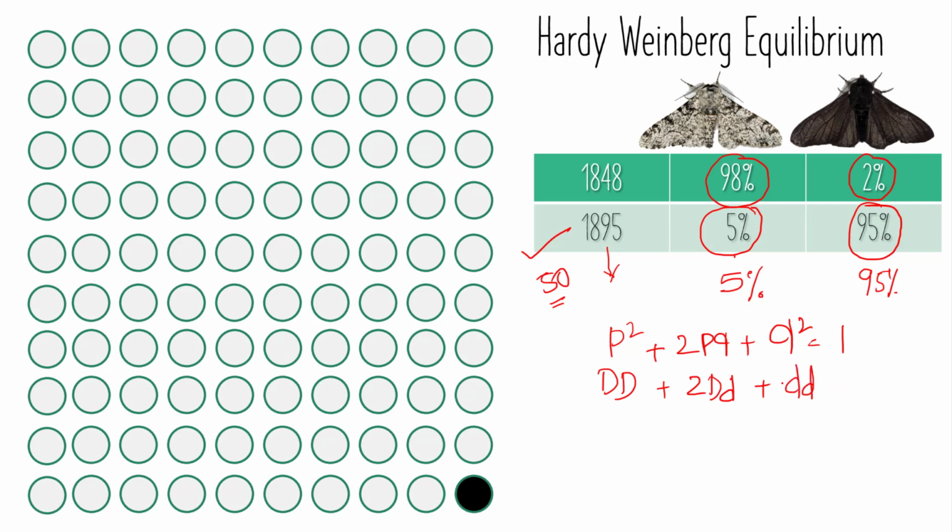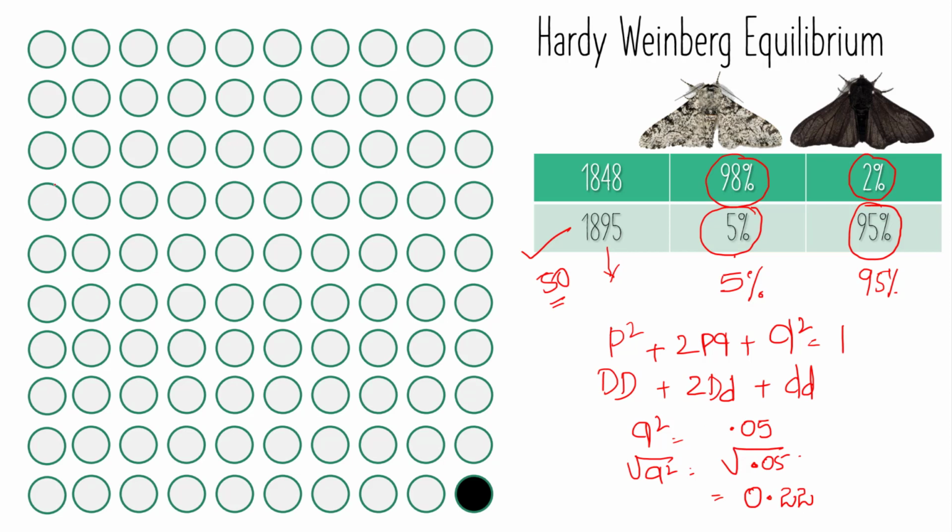Now you substitute the small d value. Earlier it was 0.98, now it is not 0.98. The q square is equal to 0.05. Now if you take the square root of this q value, it comes to nearly 0.22.